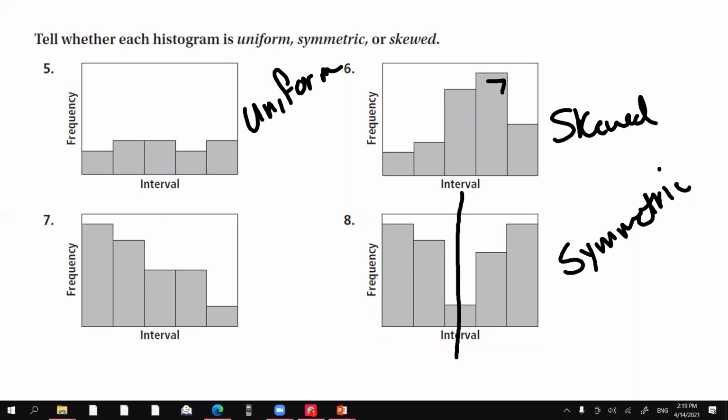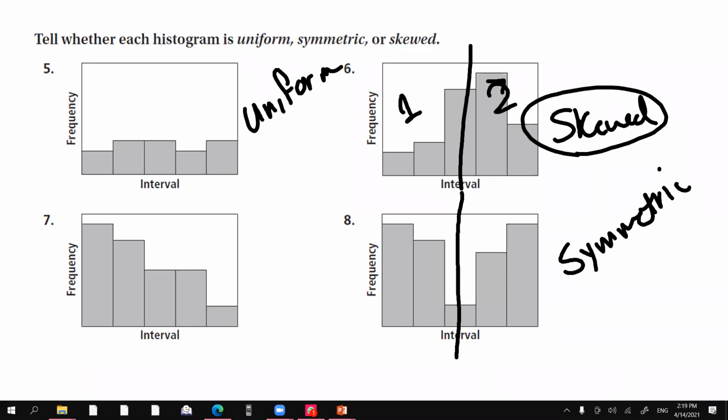Is part number 1 like part number 2? No, so it's not symmetric. Are they uniform? Do they have approximately a straight line? No. So the data are gathered at one part greater than the second part. So I will say it is skewed.